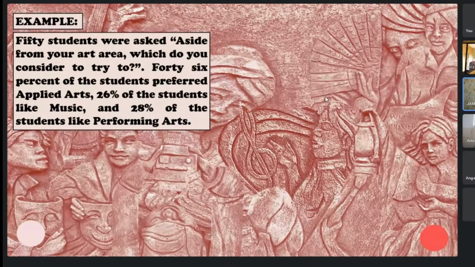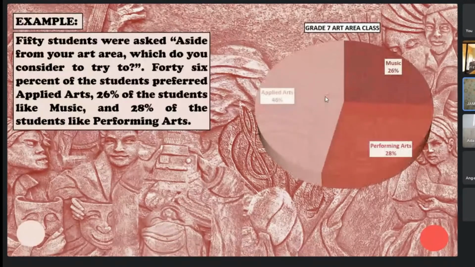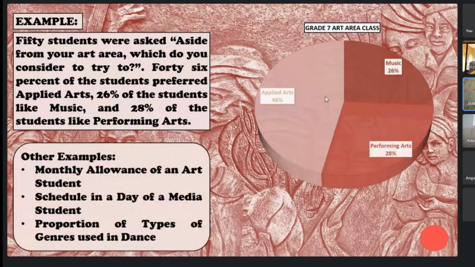Since the given data show the percentages of students who like each art area, we can use a pie chart or circle graph to present the data.